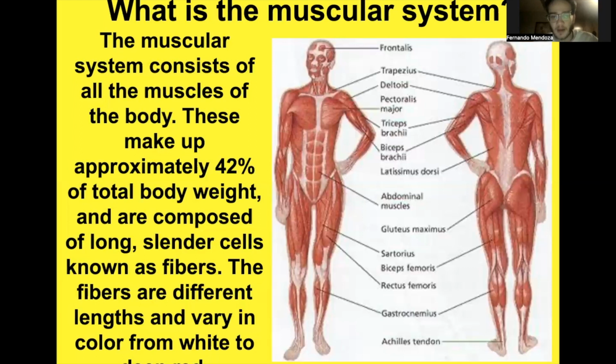These are the microfibers that we can see in the muscular cells. And the length of these fibers is different. It depends on the type of muscle, because we actually have three types of muscle. And these fibers are going to vary in color from white to deep red, as we can see on the image.